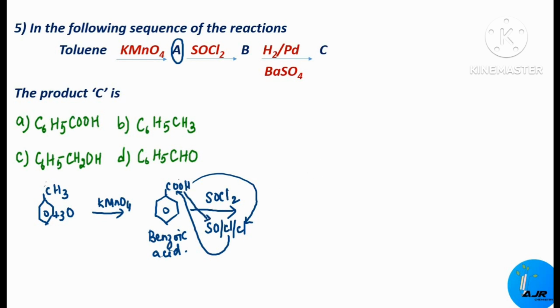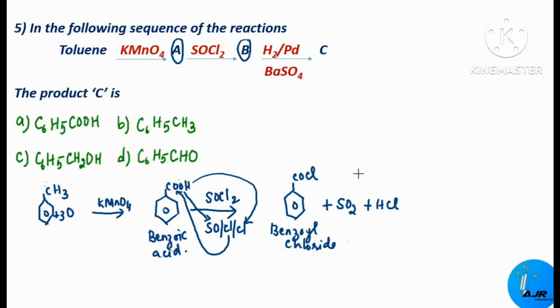So what are the products we are getting? COCl, plus this oxygen attached to SO, so we are getting SO2, plus this hydrogen attached to this Cl, so HCl. These are the products we are obtaining. What's the name of this compound? This is nothing but benzoyl chloride. Can you understand? So B is nothing but benzoyl chloride.